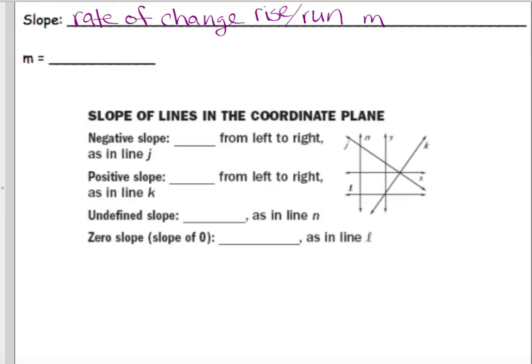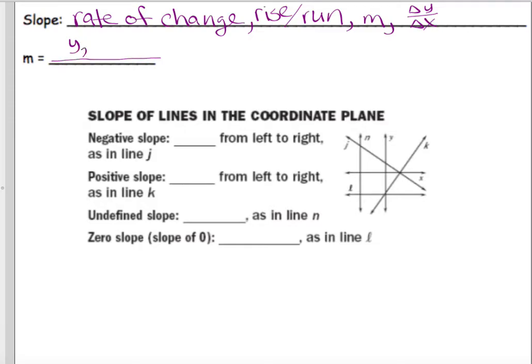Another way that you might see it is delta y over delta x, which means the change in y over the change in x. The formula for slope is a fraction, and I'm just going to use this line right here for my fraction.